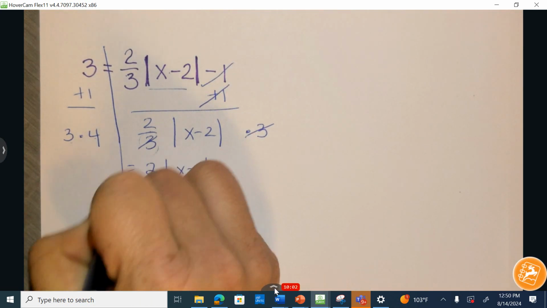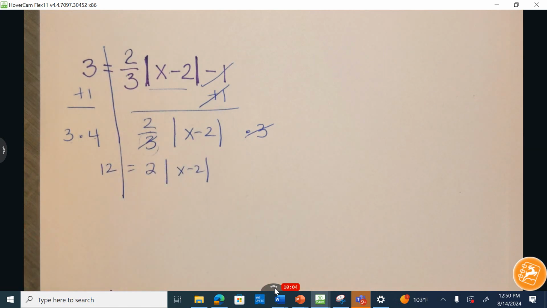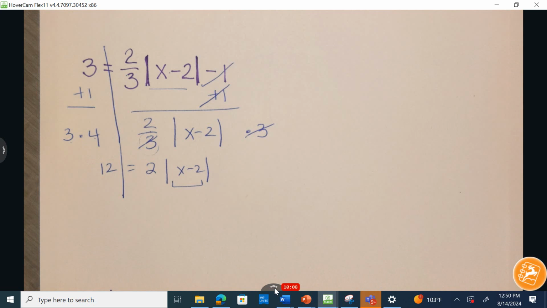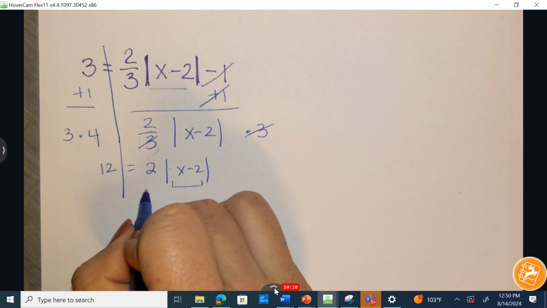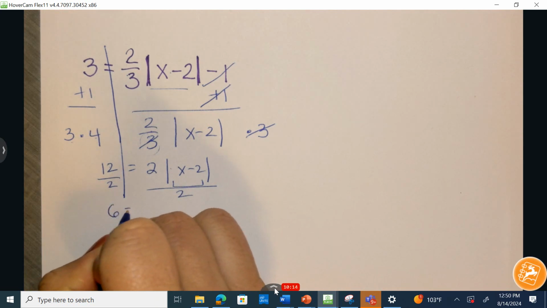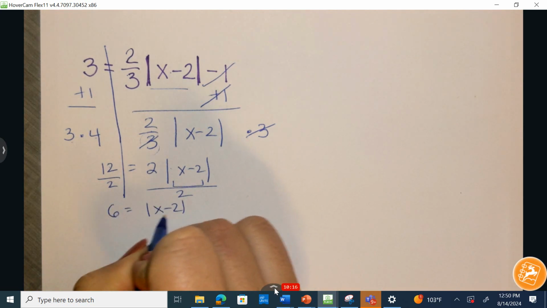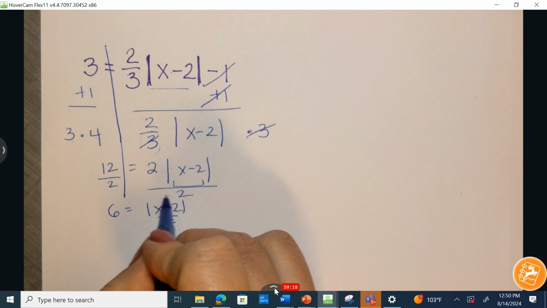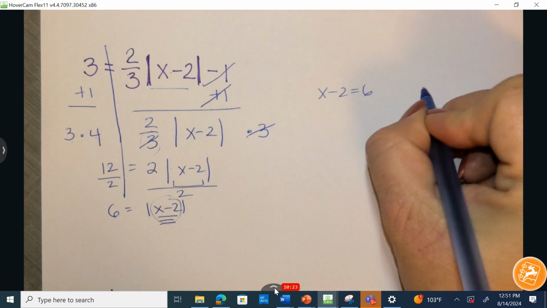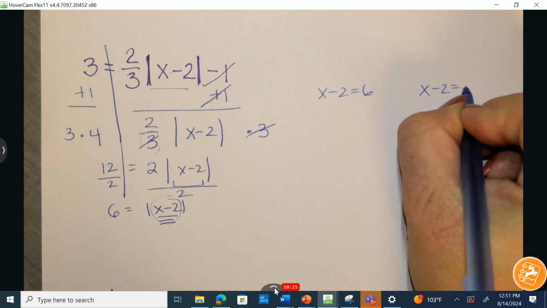On the left-hand side, 3 times 4 is 12. My goal is to get the absolute value by itself, just like the previous problem. Opposite of multiplying by 2 is dividing by 2. 12 divided by 2 is 6. Once the absolute value is by itself, we're going to set it equal to both 6 in this case and to the negative, which is negative 6.